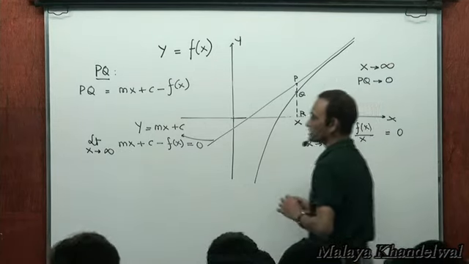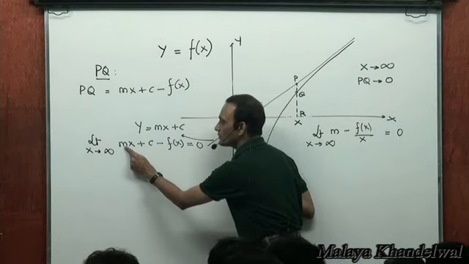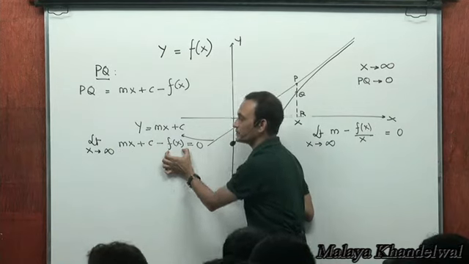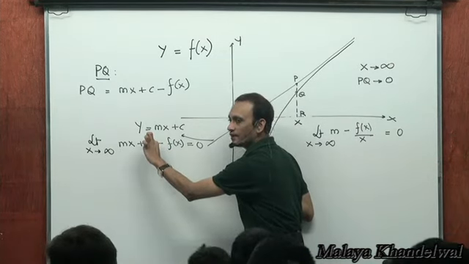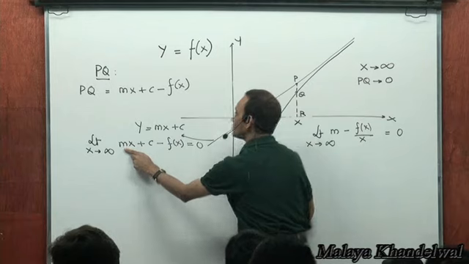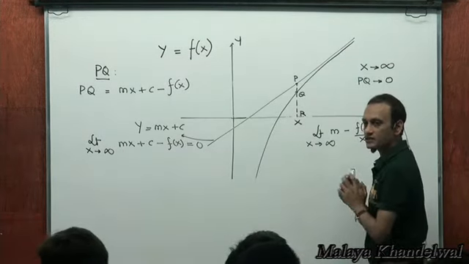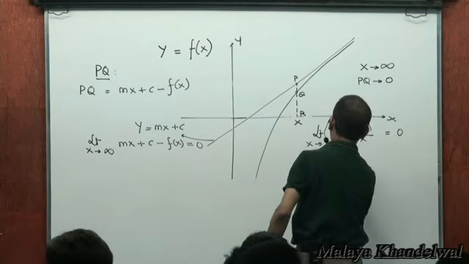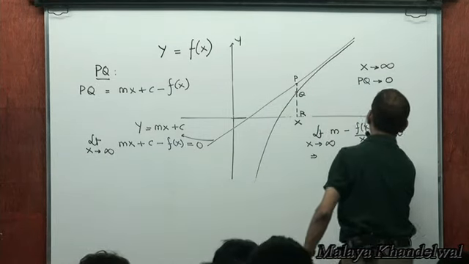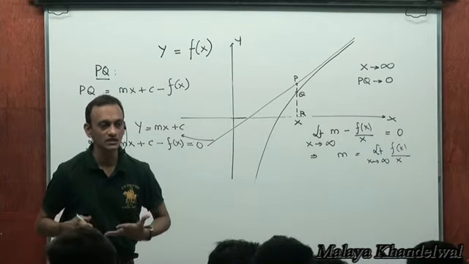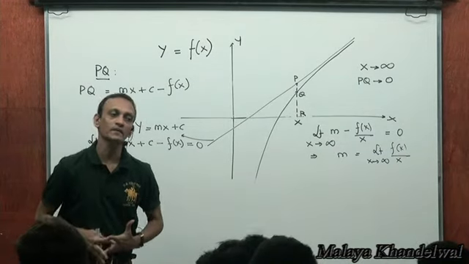I hope you all realize this. So then we have the limit of m minus f(x) by x as x tends to infinity is 0, leading to m equal to the limit of f(x) by x as x tends to infinity. If this limit exists and is finite, then there is an asymptote.